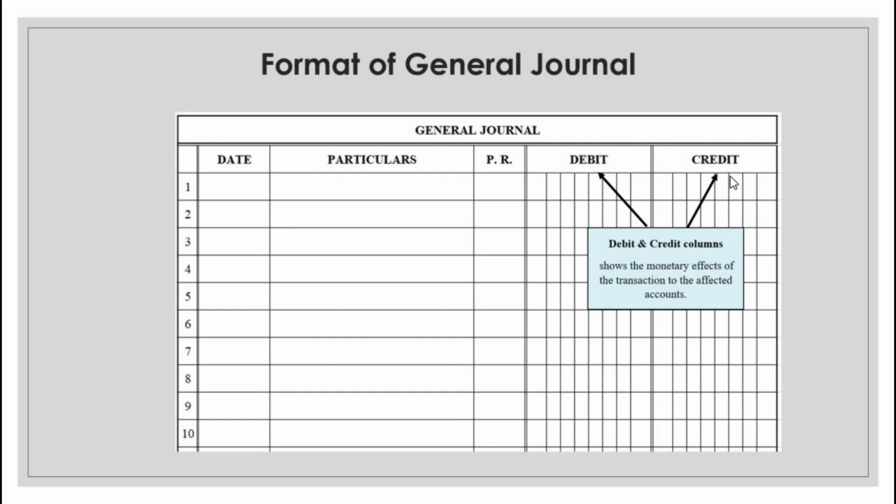And then, in this particular column naman, the credit column, you'll be recording the amounts for accounts which are credited.